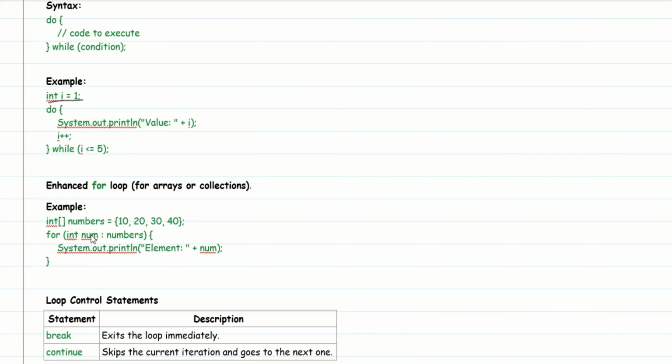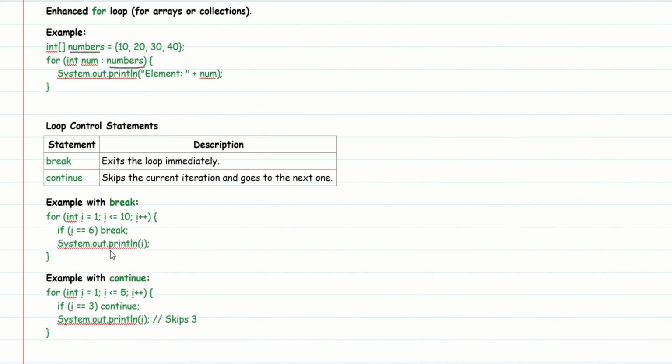Then have a temporary variable, then pass the required array which needs to be iterated. So here you can see I have numbers, so I'm passing numbers here, then printing the values. So here no condition is required. The IDE will take care of it. So you just need to pass the value and the data type which you need to iterate.